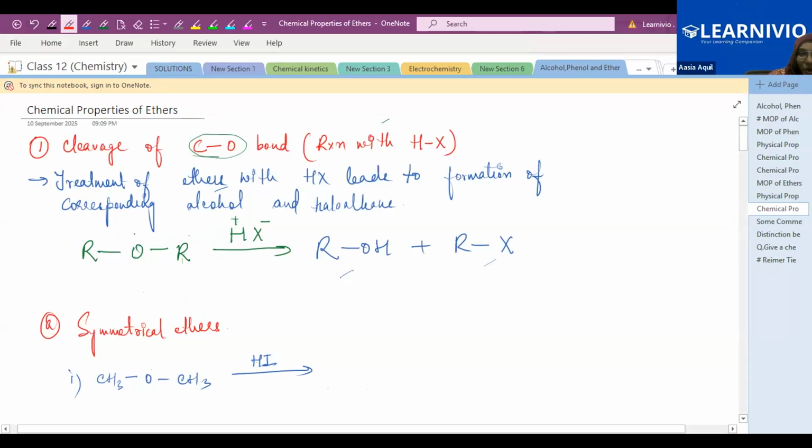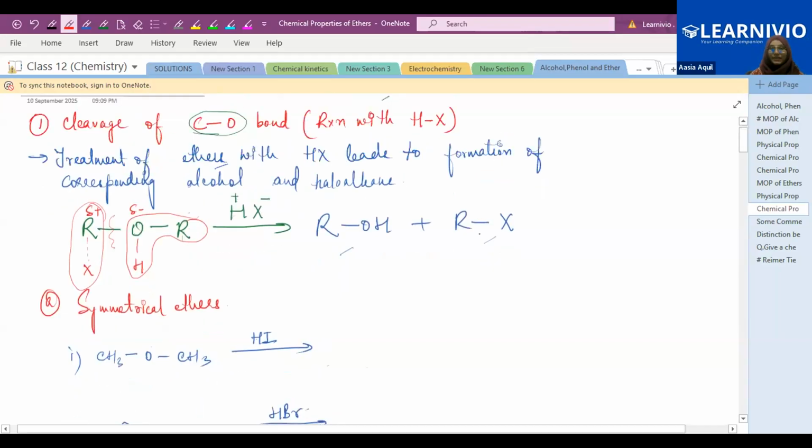Oxygen is electronegative and this is electropositive, right? And HX will dissociate to form H plus and X minus. The oxygen will make a bond with the hydrogen, and this alkyl group will make a bond with the halogen. And then this bond will cleave. You have to do three steps. This bond will cleave and you will get ROH, alcohol, plus RX, haloalkane. So these are the two products. Clear? Okay.